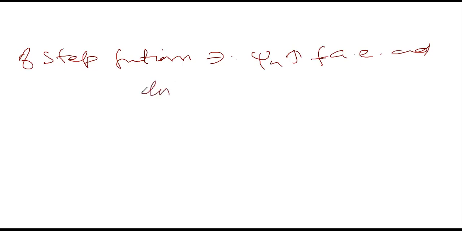The limit as n approaches infinity of the integral of psi n is equal to the integral of f, and this is finite. So this limit is finite.